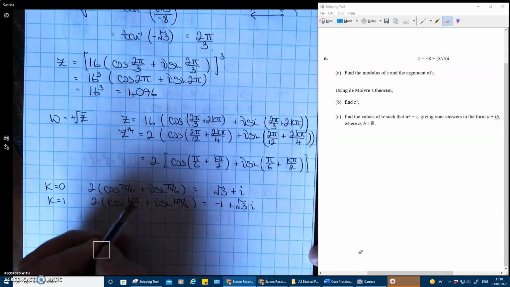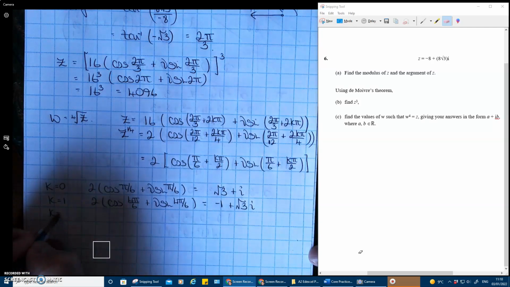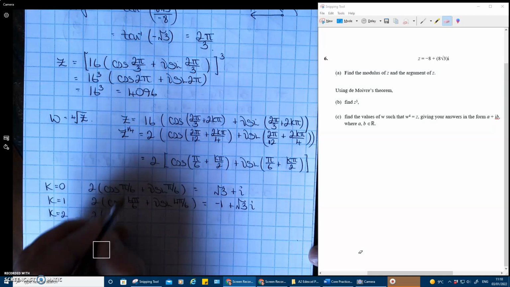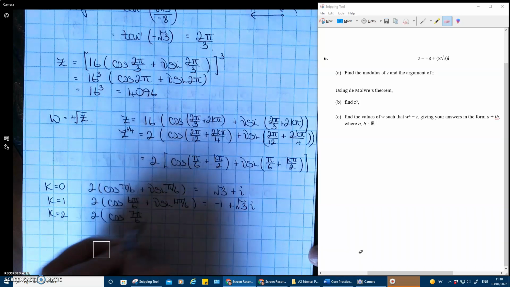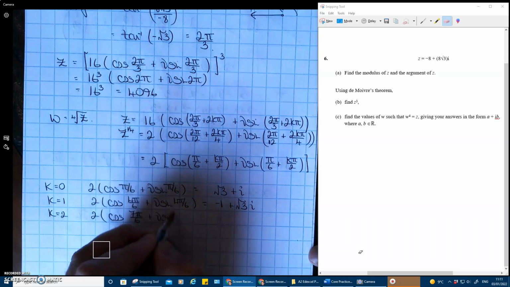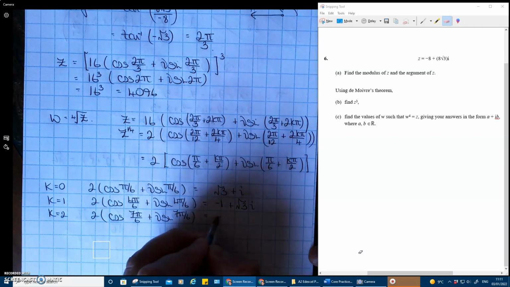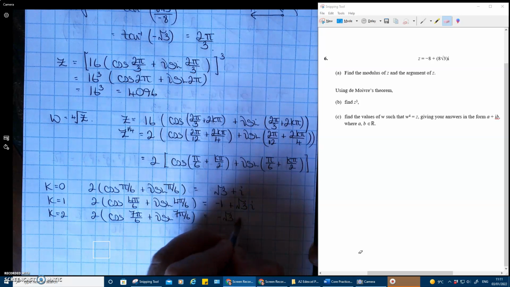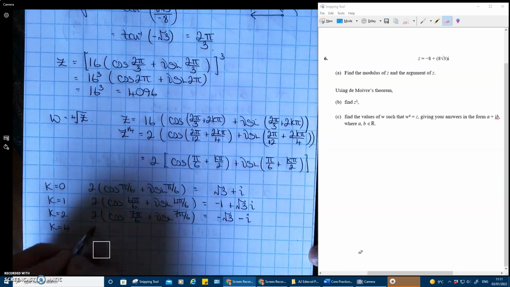Rather than 2 pi by 3, I've left it as 4 pi by 6, just because now I can see the pattern. So the next one is going up by, obviously, 3 pi's at the top, or 3 pi by 6, which is obviously pi by 2. 7 pi by 6. Minus root 3 minus I, and k equals 4.